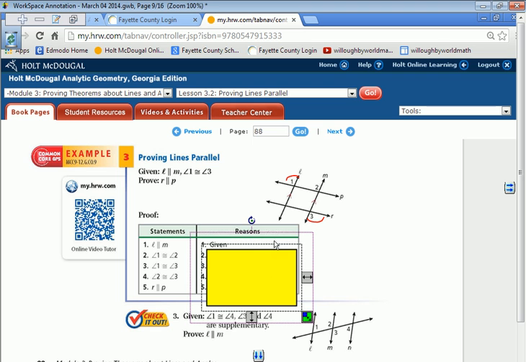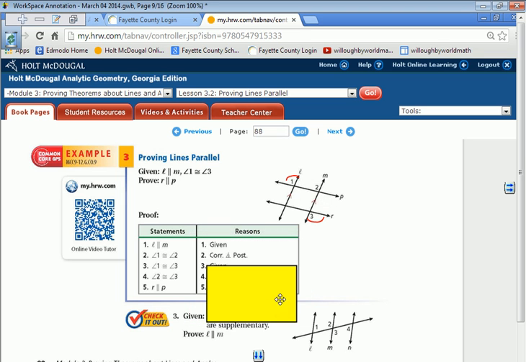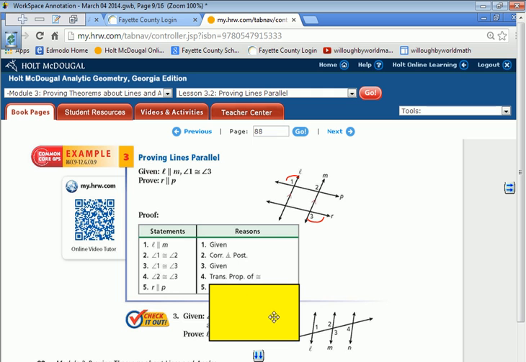Okay, the next thing, angle 1 is congruent to angle 2. Corresponding angles are congruent. Angle 1 is congruent to angle 3 was given. So if 1 is congruent to 2 and 1 is congruent to 3, then 2 must be congruent to 3, by the transitive property. Good, transitive property.